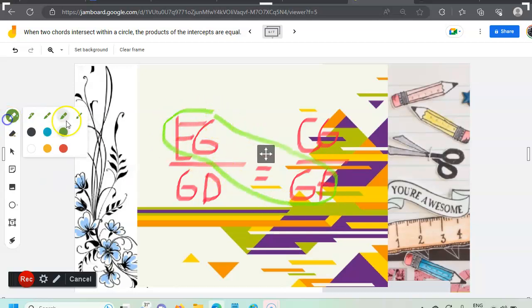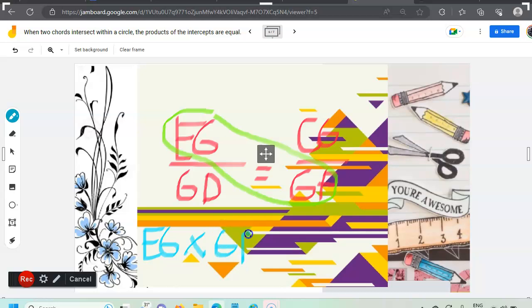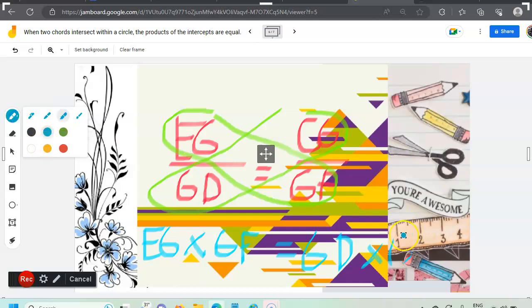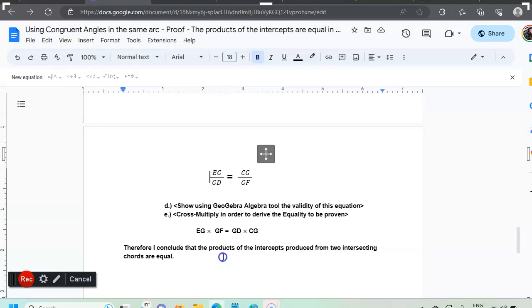Okay, so we can now say that EG times GF is equal to GD times CG. So therefore, I conclude that the product of the intercepts produced from two intersecting chords are equal.